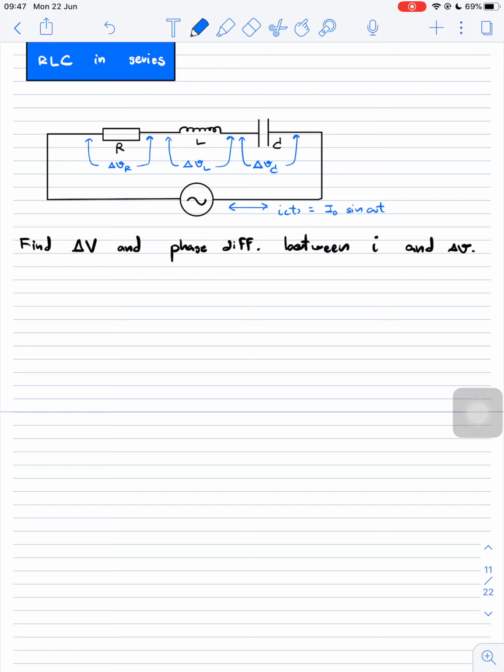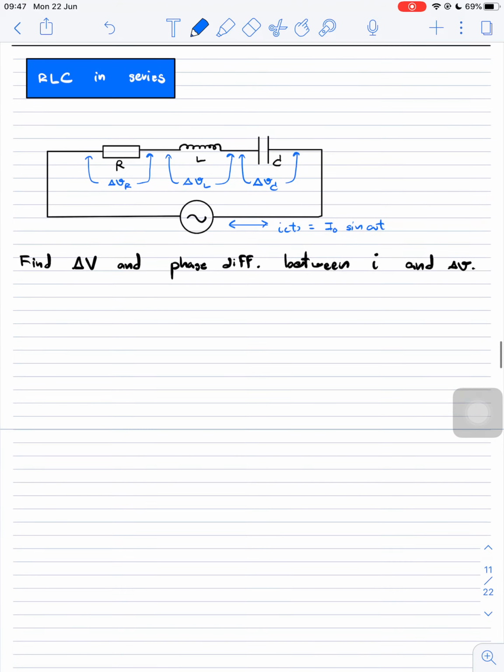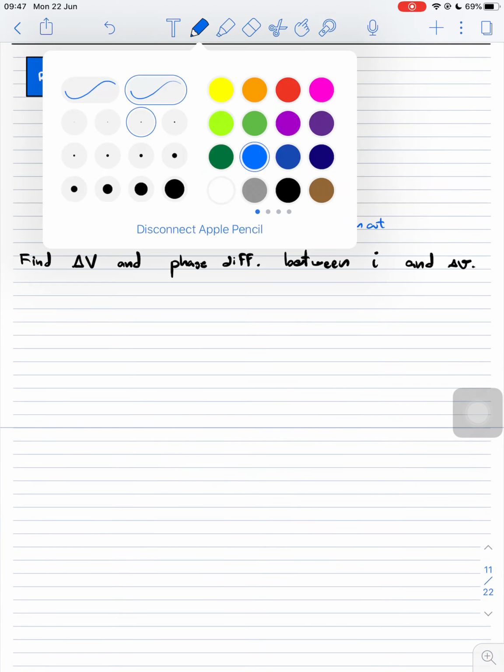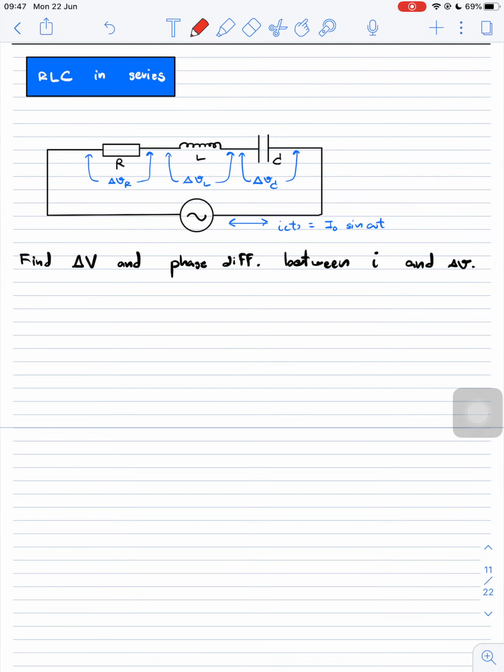Now the objective of this topic is that we want to find the potential difference across the three of them, let's say delta V. In other words, we want to find the potential difference across the AC source, because you can see that this combination of the RLC is just connected in parallel with the AC source.